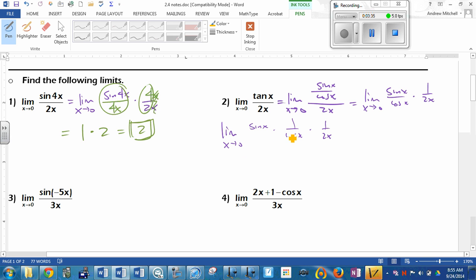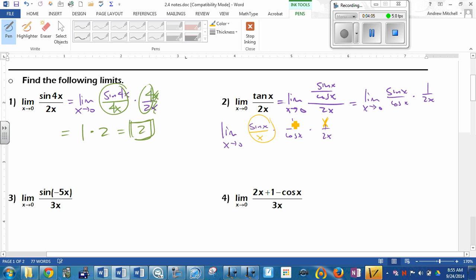So we don't have to do anything special when we have a cosine, just a plain old cosine, either on top or bottom. It's when we have that sine of x, because sine of 0 is 0, and then this is going to be 0. So to take care of that, we need an x in the bottom here. So we're going to multiply the bottom by x and the top by x. We don't need it here. We can use it here, though, to cancel this x out. So I'm going to put the x on top right here, paired up with the 2x.